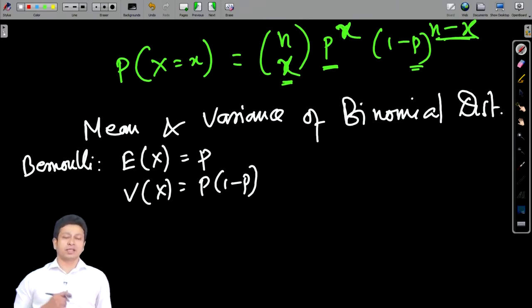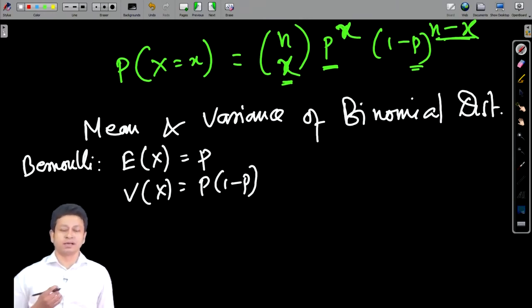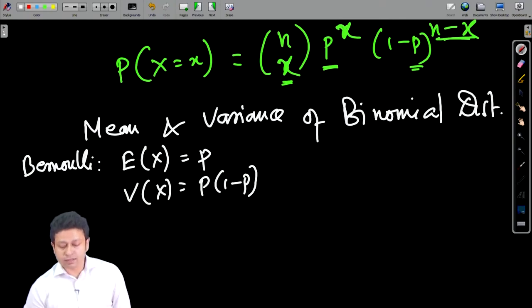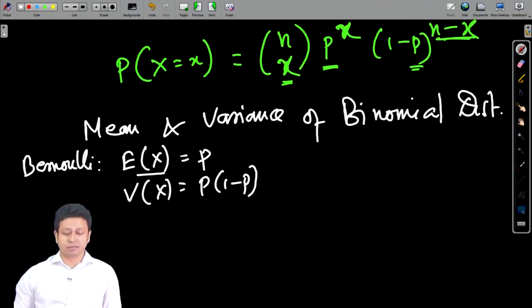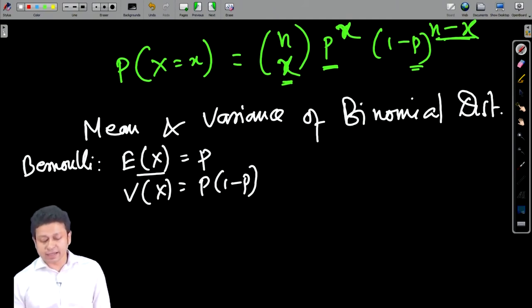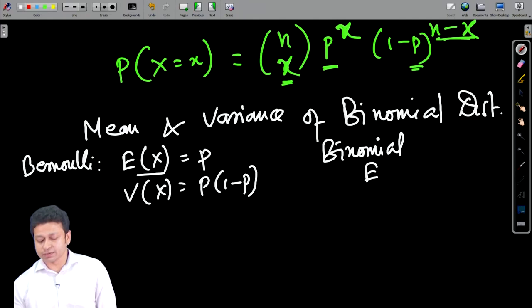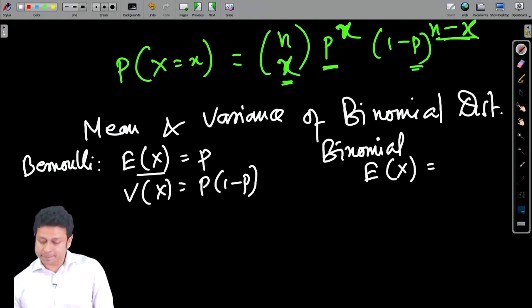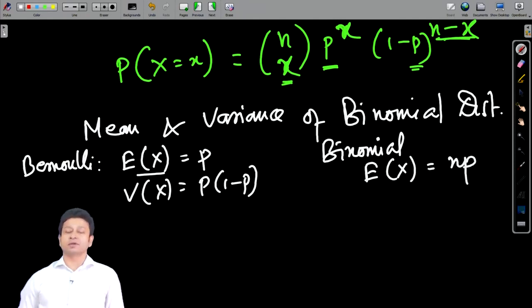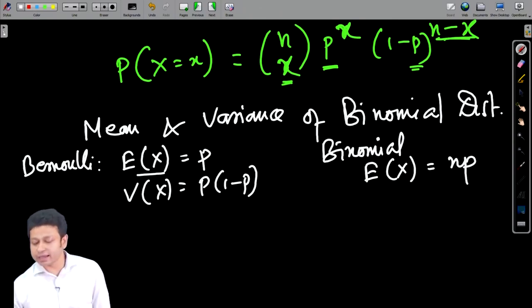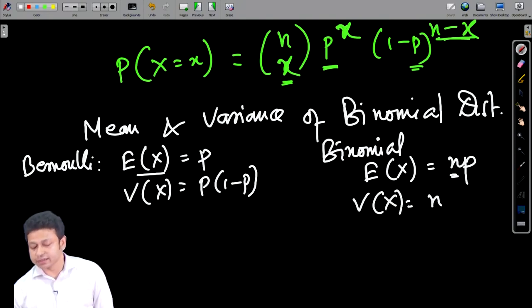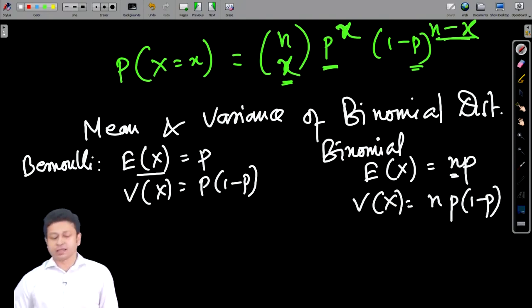Now I add up all the different trials; multiple Bernoulli trials constitute a binomial distribution. So for binomial, the expectation of x is going to be np, because I am constituting from n trials, and the variance of x is going to be n into p into 1 minus p.